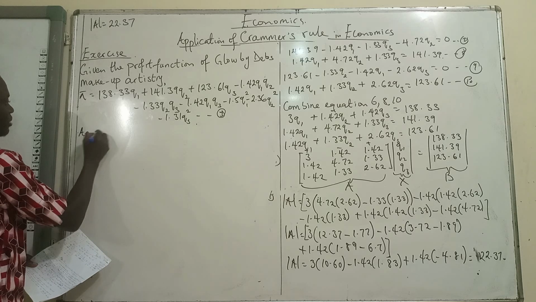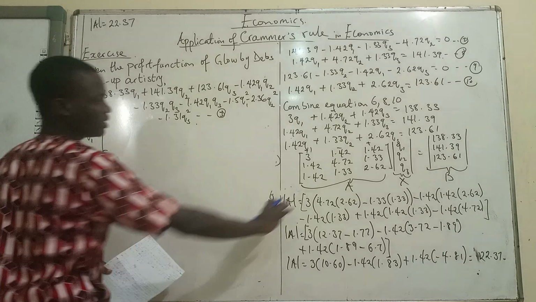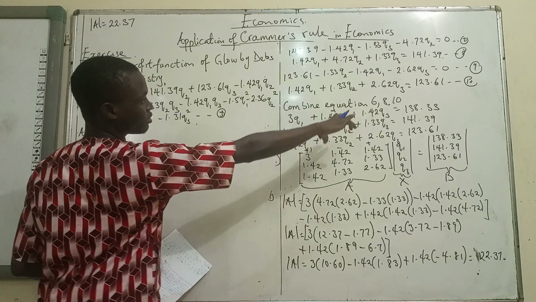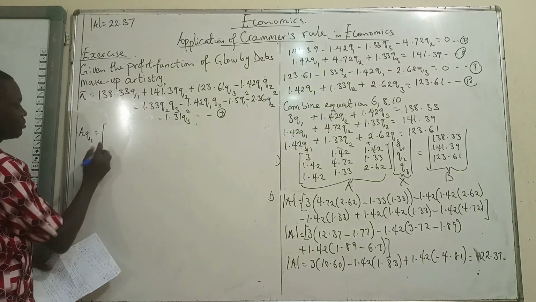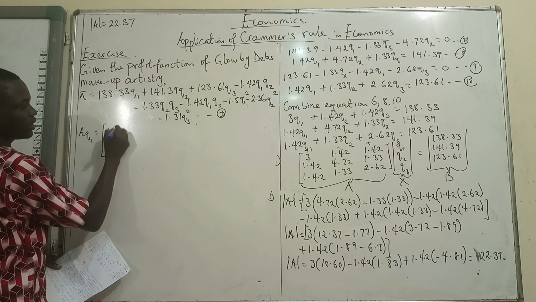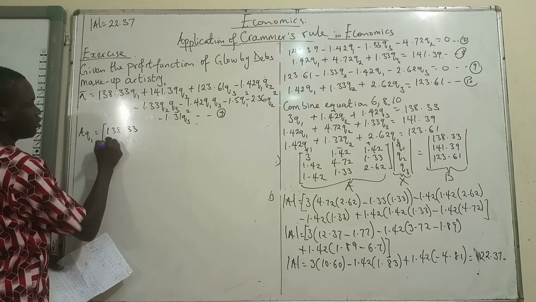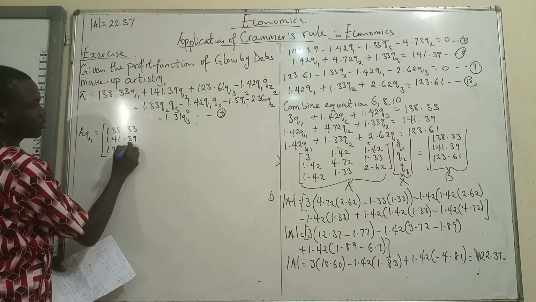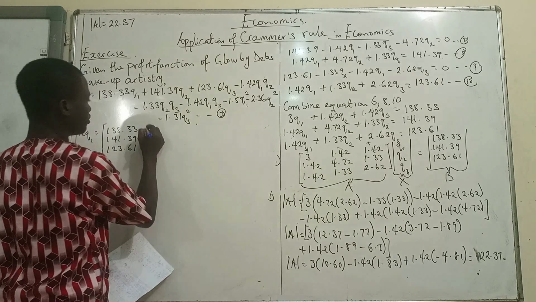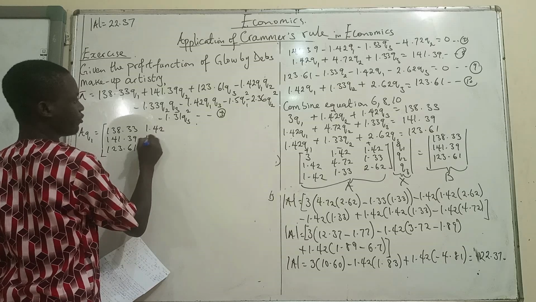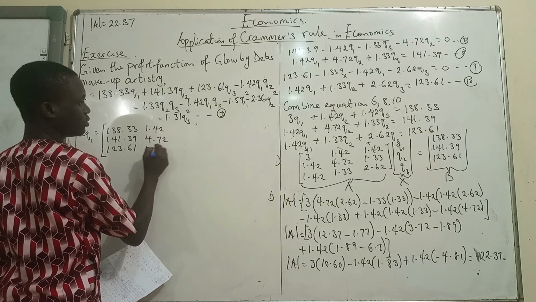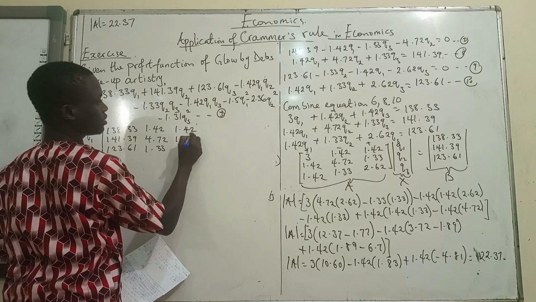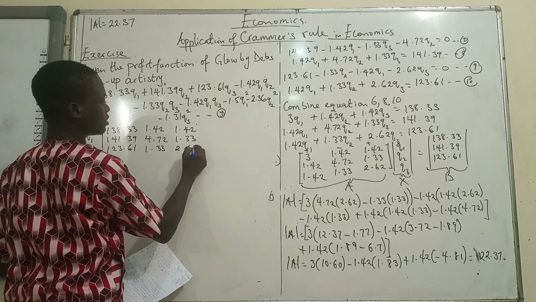So the matrix AQ1 is going to be, since these are the coefficients of Q1, we remove this column and replace it with 138.33, 141.39, 123.61. So we have 1.42, 4.72, 1.33, 1.42, 1.33, 2.62.